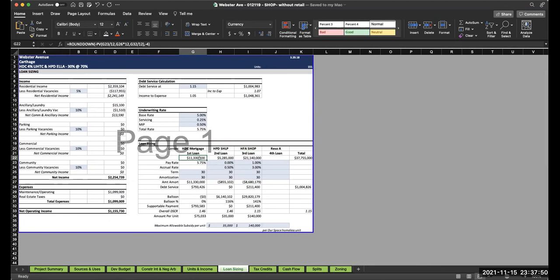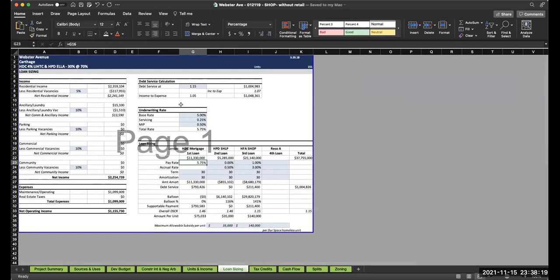Here in Excel, this mortgage is calculated using the amount that you have left over from your NOI to help you determine how much you can spend on your mortgage. Interest rate is 5.7. Interest rates were more expensive a couple years ago, so it's definitely going to be a lot cheaper today than it was before.